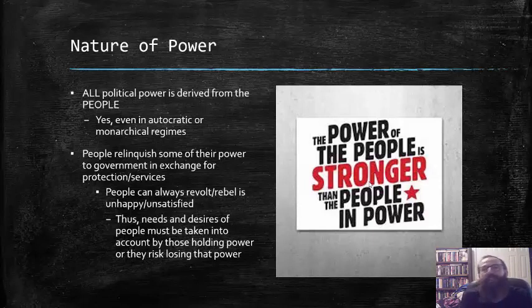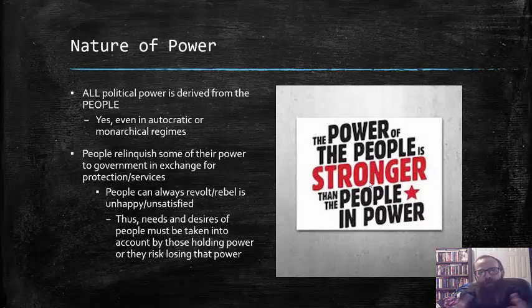Even kings or dictators are subject to this. While in democratic or republican societies, people can use those political tools that are inherent in those societies to call the people in power to account for their actions or inactions, if you will.